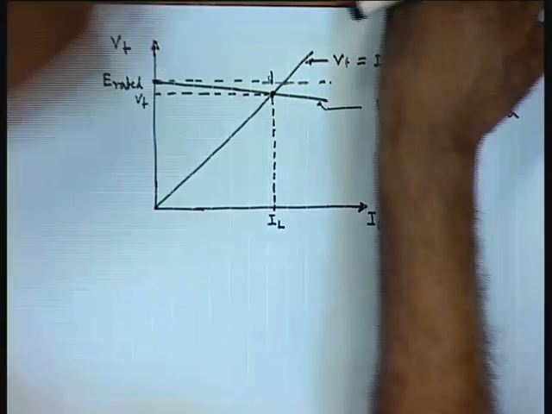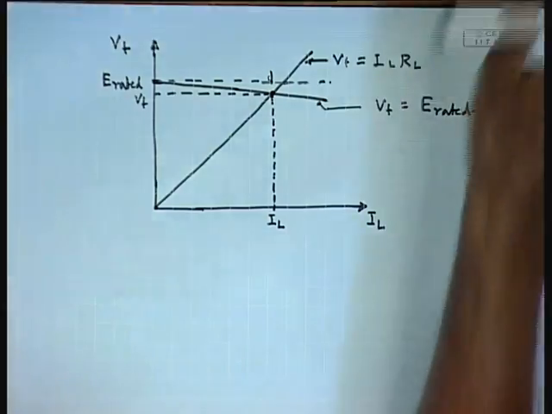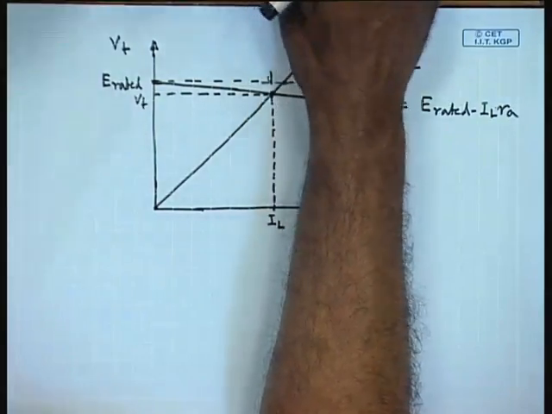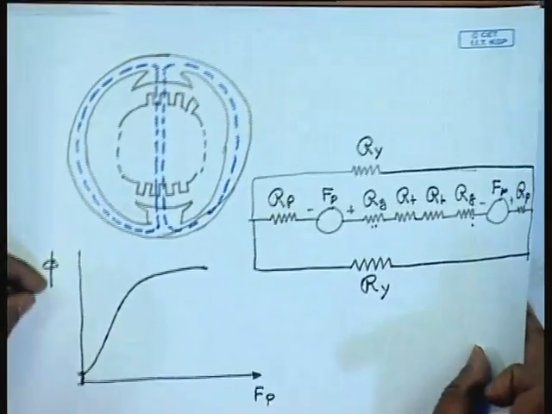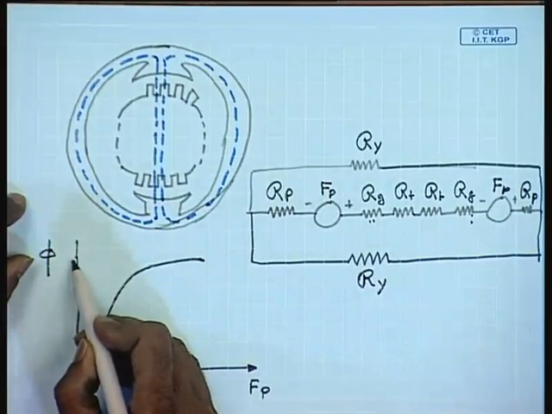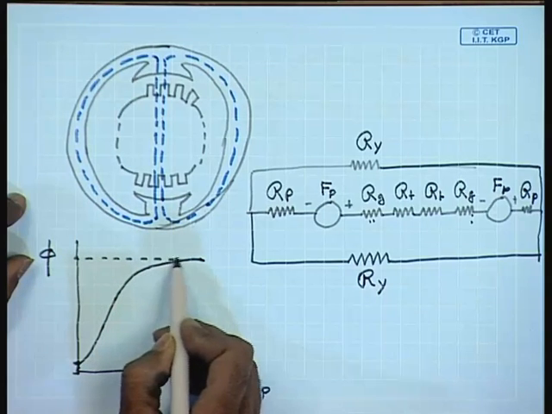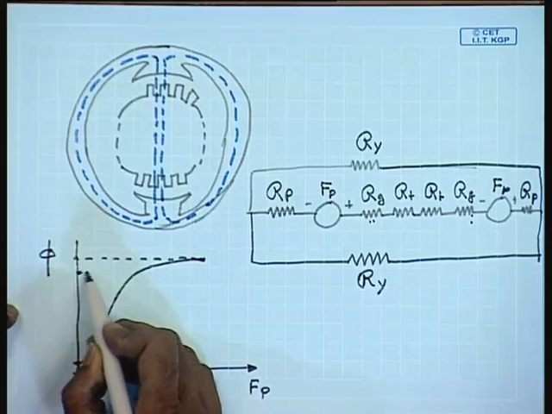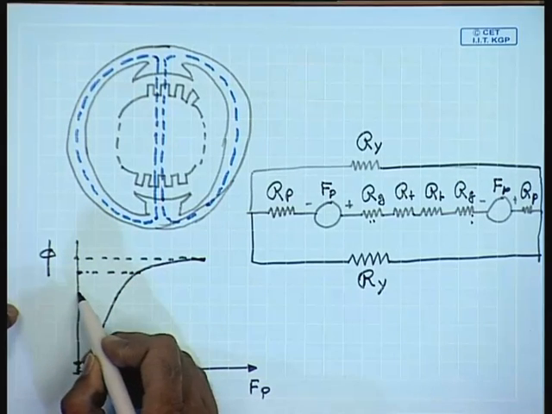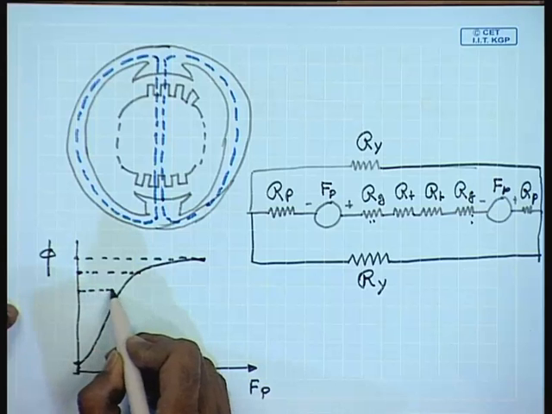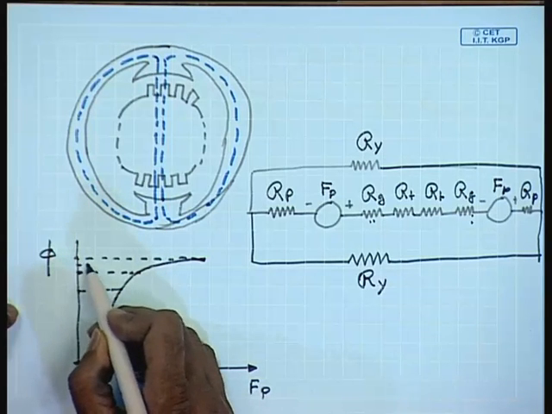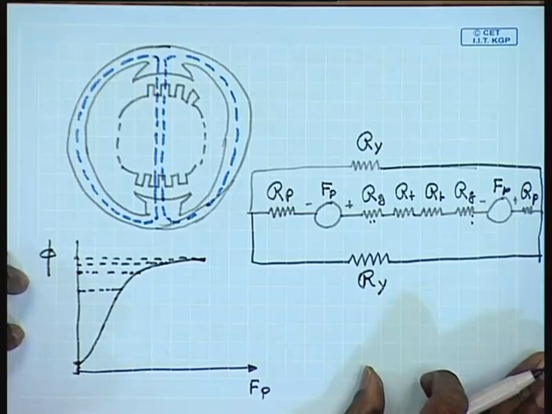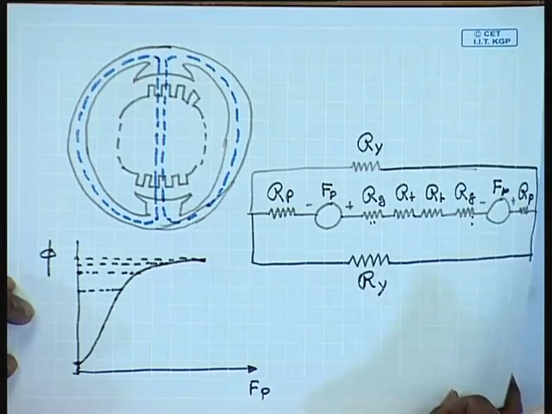Now, if the machine is operating near the saturation point, the decrease of the field flux due to armature reaction is more than the increase in the other half of the pole.